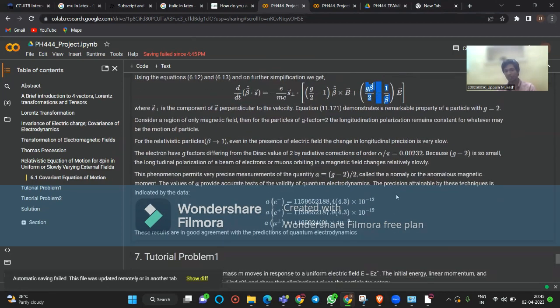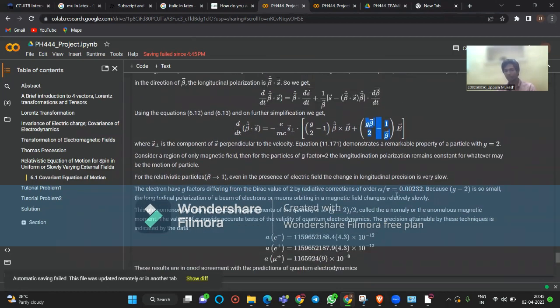And for electrons and similar particles, g is not exactly 2; there is a correction of order alpha by pi. Because g minus 2 is very small, the longitudinal polarization of a beam of electrons changes very slowly, as you can see that this value becomes small.